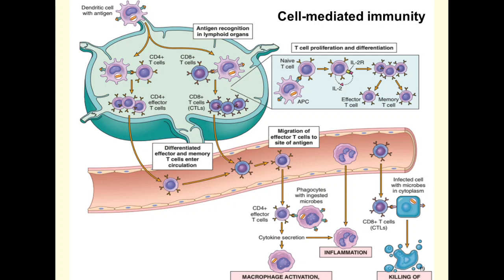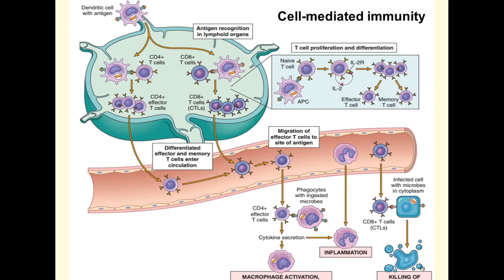On the other hand, naive T cells recognize these MHC-associated peptide antigens displayed on dendritic cells. That's why T cells are activated to proliferate and to differentiate into effector and memory cells, which migrate to sites of infection and serve various functions in cell-mediated immunity.